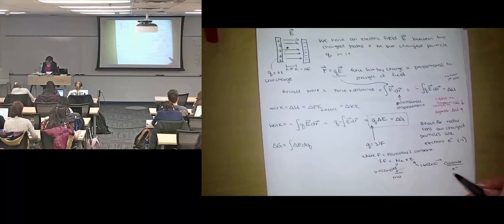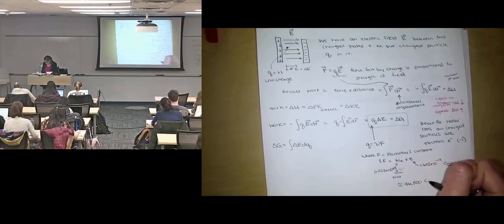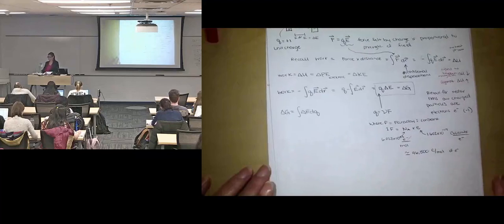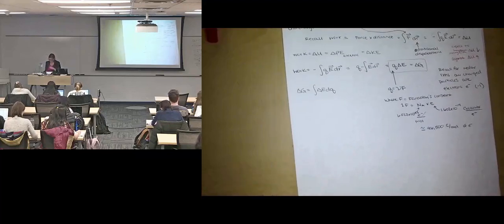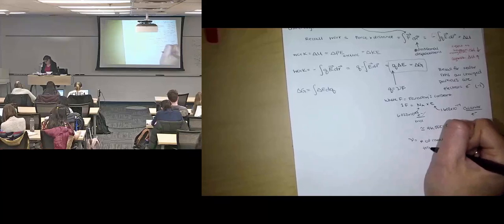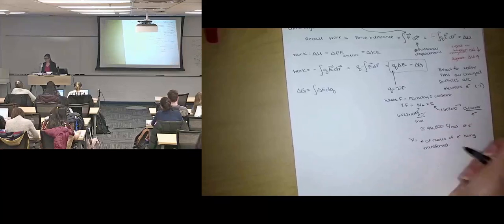So when you multiply these two things together, you get approximately 96,500 coulombs per mole, and this is mole of electrons. And then nu in this particular equation only is the number of moles of electrons being transferred in our chemical reaction.